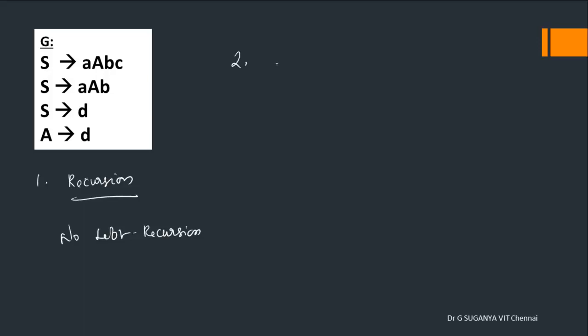Coming to the second step, which is left factoring, try to identify the common prefix among the alternates. S actually has three productions, but two start with the same prefix. So this is the common prefix.